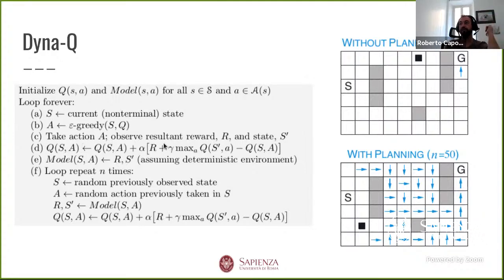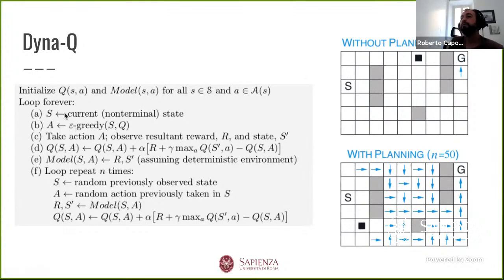We observe the new reward and new state, and we can perform an update of Q-learning, which is point D in this pseudocode. And at the same time, while this is assumed to be something that happens in parallel, of course, it's not like that. So it can be a sequential thing.